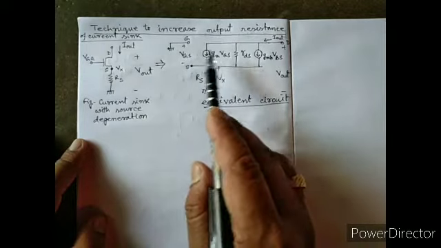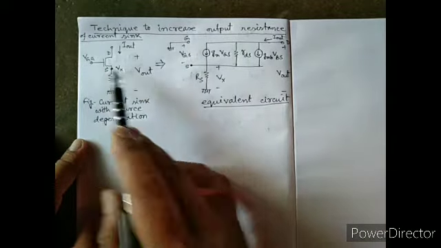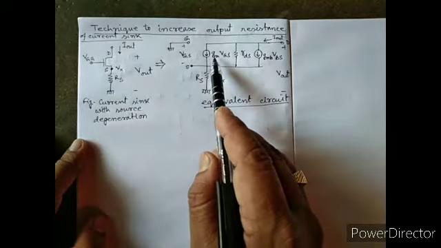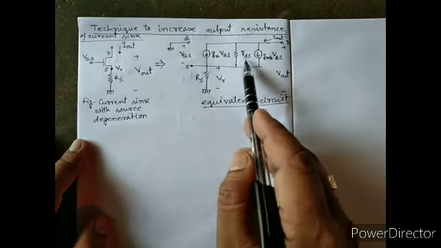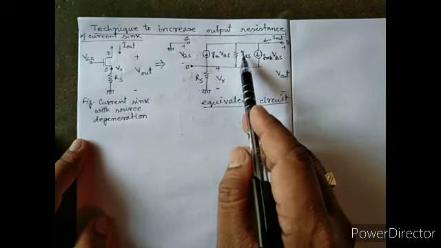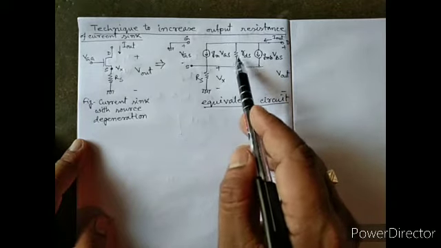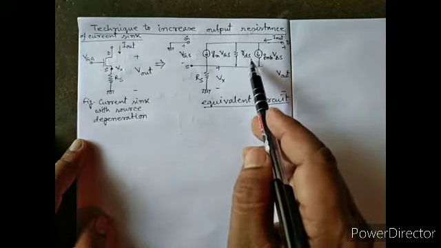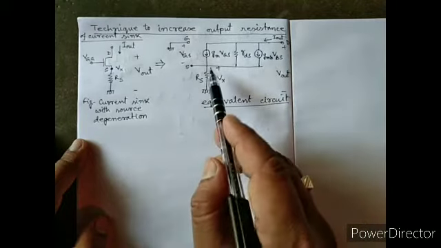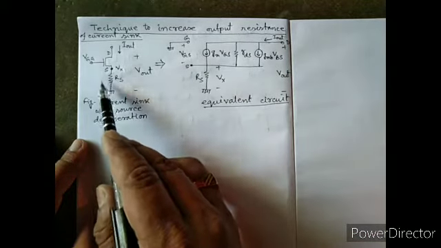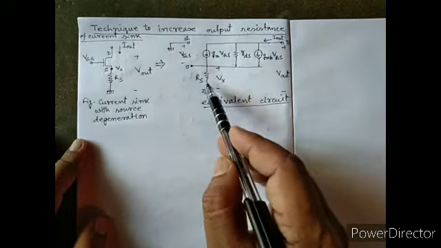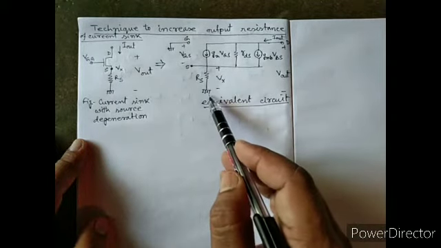Now this MOSFET is represented with a dependent current source and output resistance RDS, the resistance between the drain and source, and across the source there is a resistor RS, so RS is connected to ground.